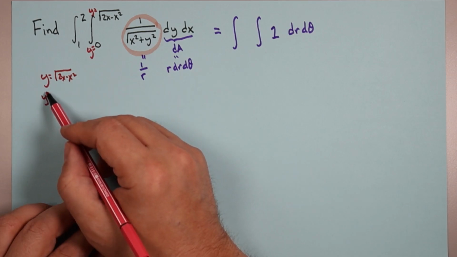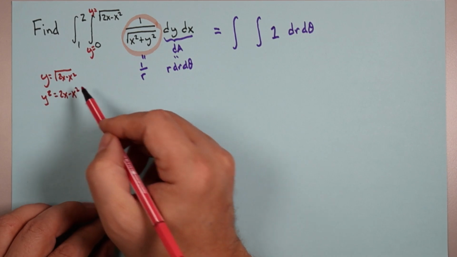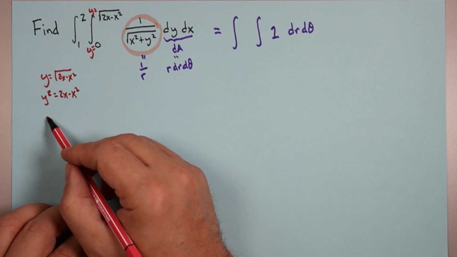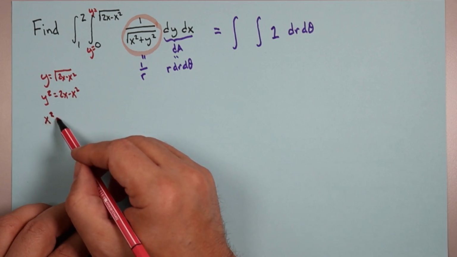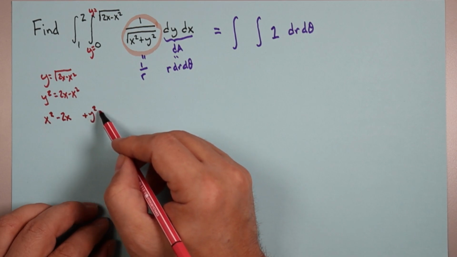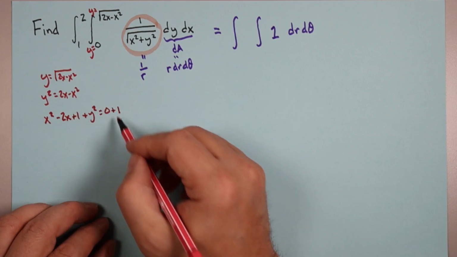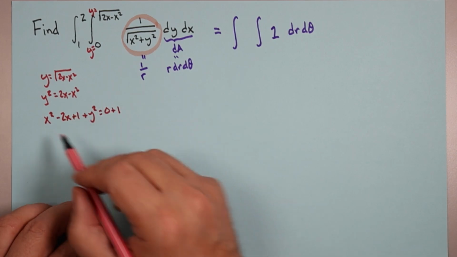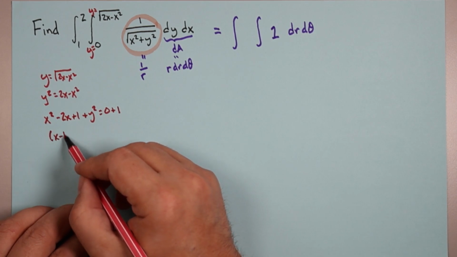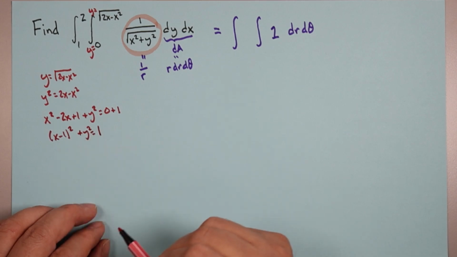If you square that, you get y squared equals 2x minus x squared, or that's really x squared minus 2x plus y squared equals 0. But then we put on our complete the square hats, so we add 1 to complete the square: x minus 1 squared plus y squared equals 1.